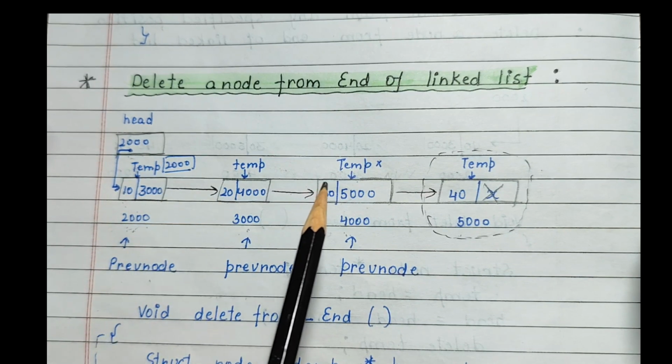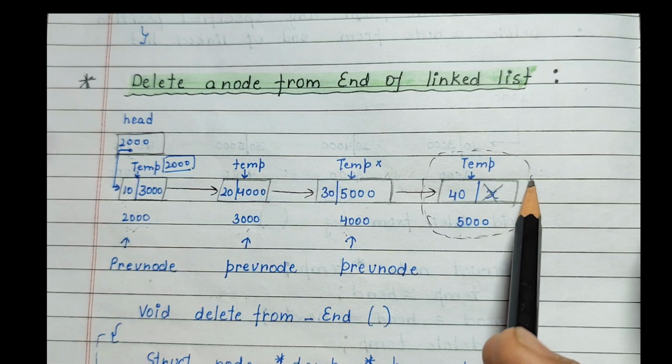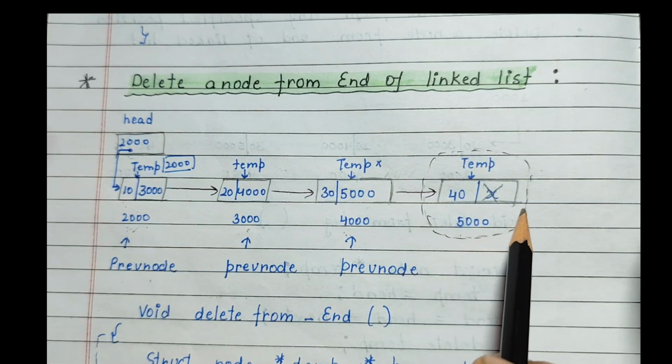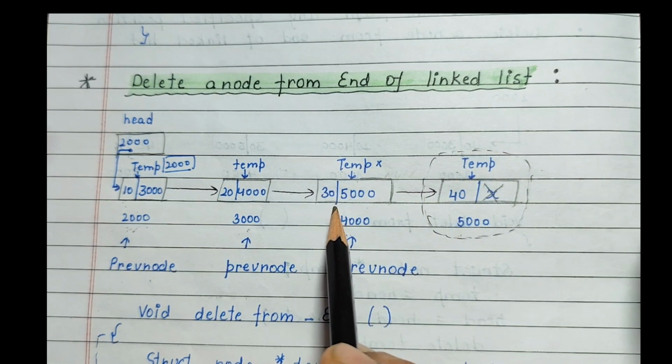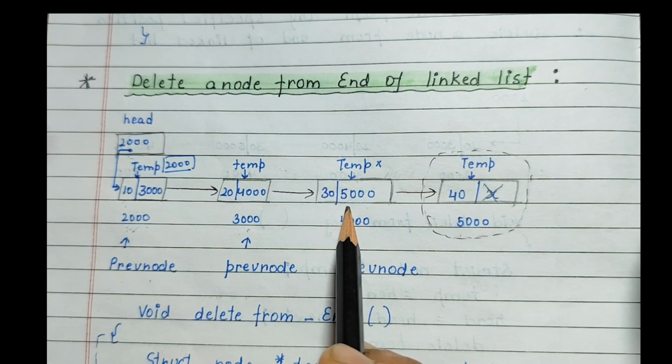Now from this linked list we have to delete this last node. Now after deleting this last node, I update the next pointer of the previous node.